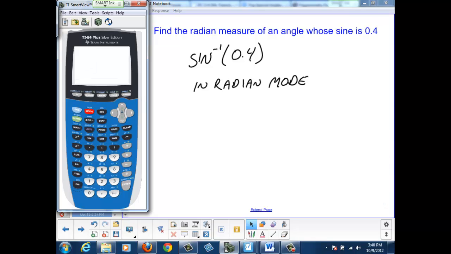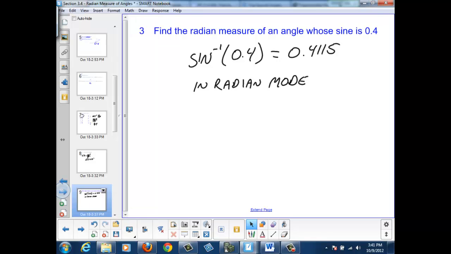And I ask for the inverse sine of 0.4. And I end up with 0.4115. Let's look at another example.